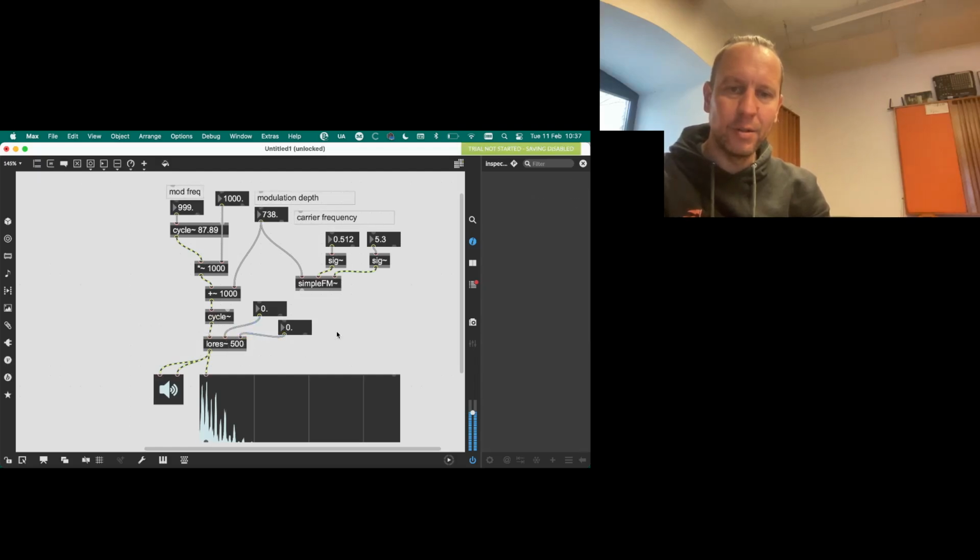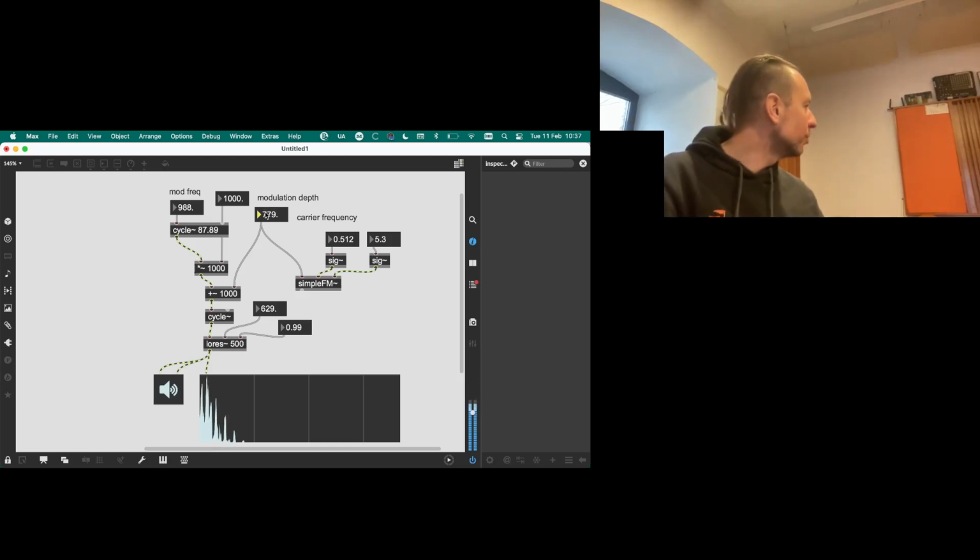This is the resonance. So now I get this resonant filter, and I can change the cutoff frequency. But as I change the carrier frequency, it actually sounds like a different instrument, so that's what we've just fixed.